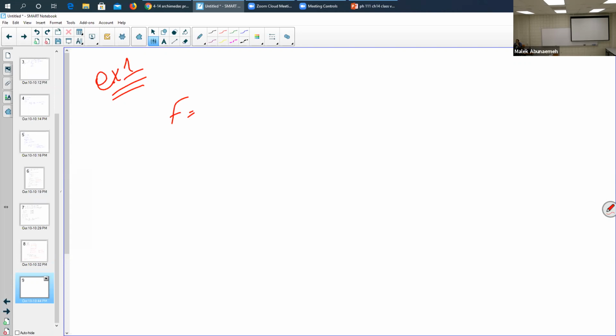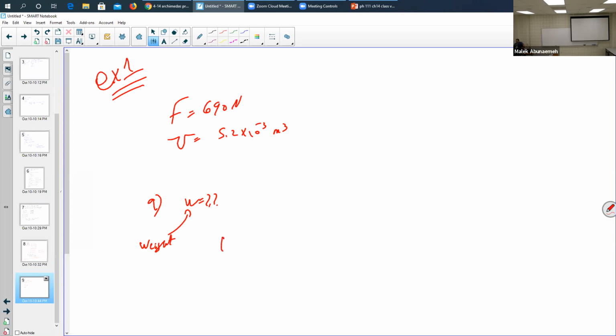Your force is 690 newtons and your volume is 5.2 times 10 to the negative 3 meter cubed. We want to find the blood's weight. So we want the weight. Let me just write this down: W-E-I-G-H-T.